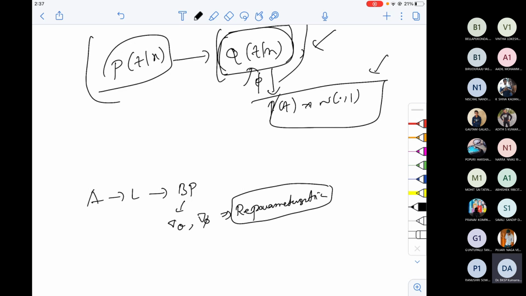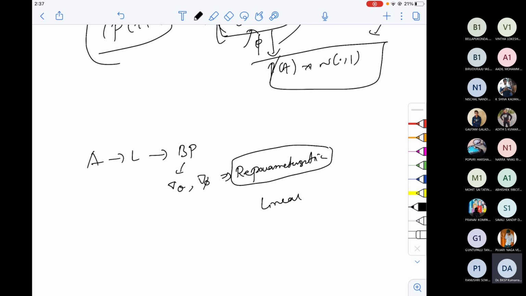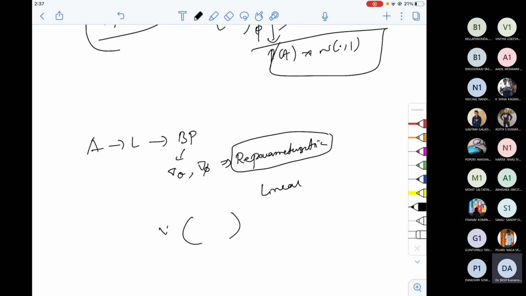Reparameterization is like a variable shift, a concept in probability and statistics. Some linear transformations should be done.